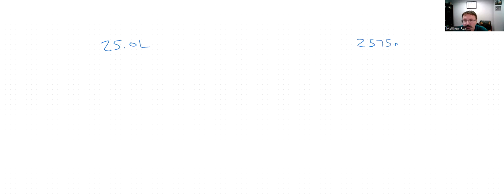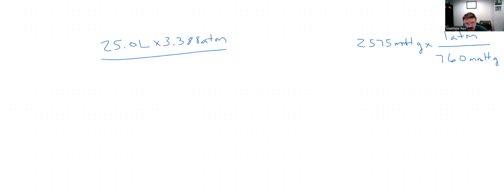If we want to convert, I'm going to use the conversion into atmospheres, and it's 760 millimeters of mercury per atmosphere. So we should be at 3.388 atmospheres. We're going to find out how many moles we have.